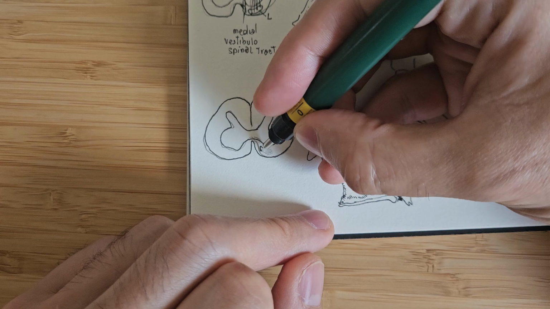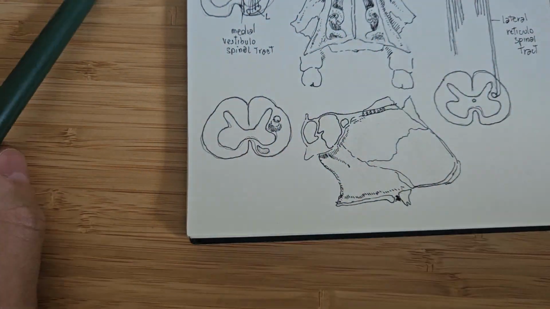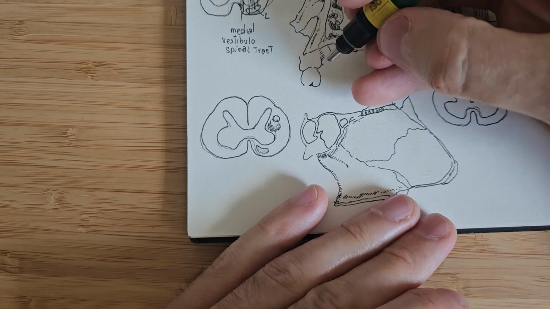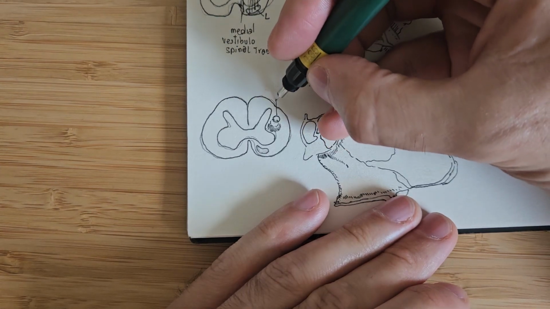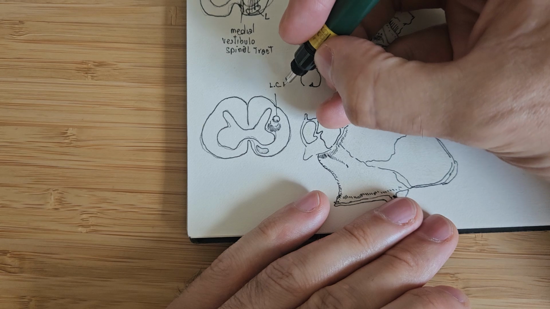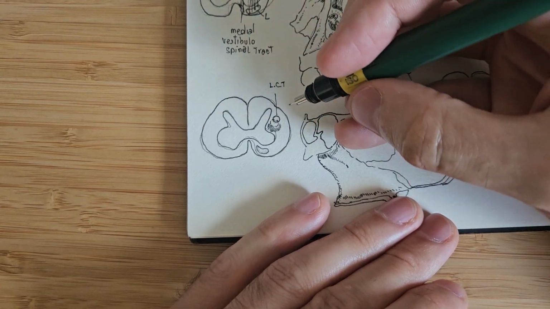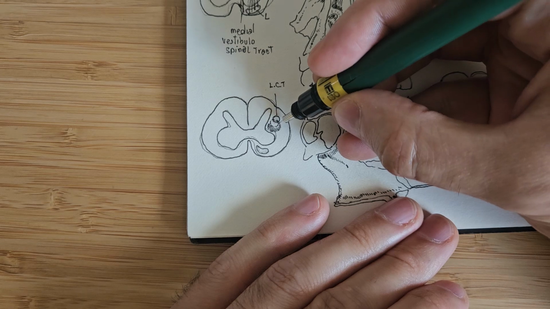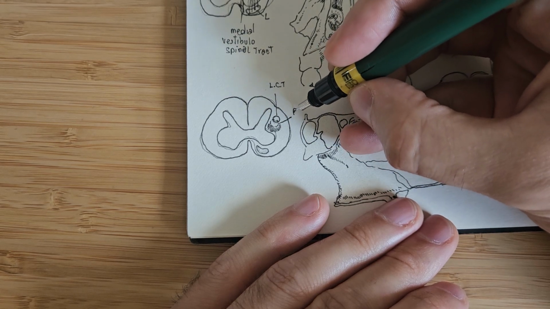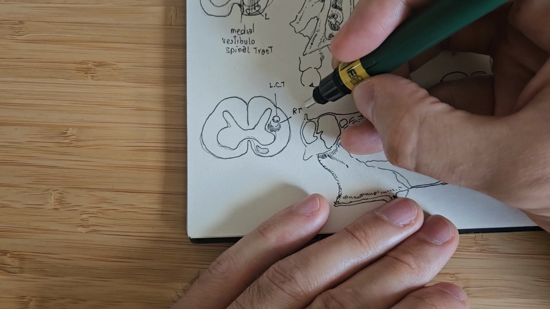Okay guys, so this is the illustration that you'll be doing. Now this one is the lateral corticospinal tract. I'm gonna abbreviate lateral corticospinal tract as LCT. Then this one is the rubrospinal tract, and I'll abbreviate it as RT.